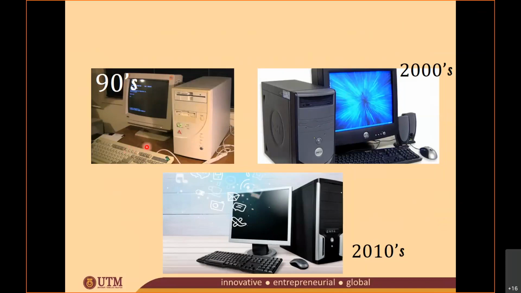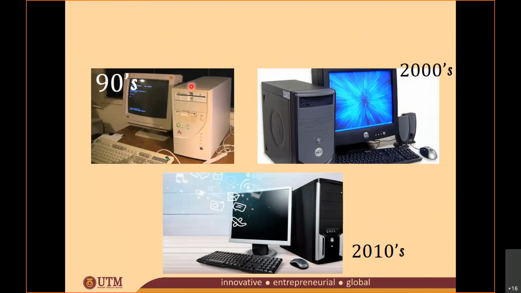Look at the connection between the CPU and the keyboard. The 90s computer uses a serial connector for the keyboard and mouse, but in the 2000s it used a USB connection, while in the 2010s it is wireless. This is how the organization changed from time to time.